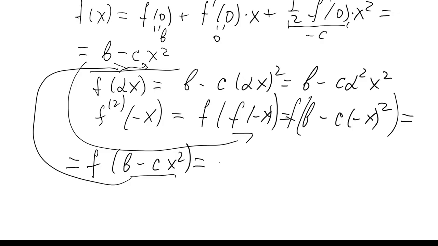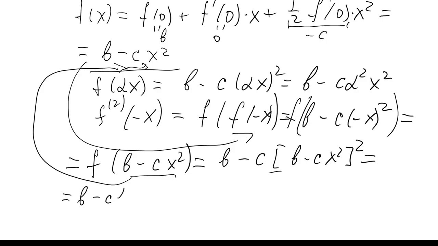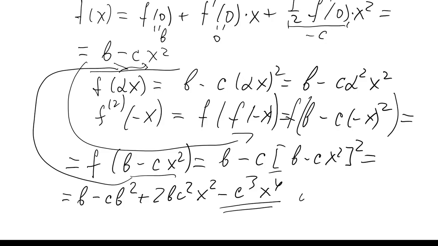It will be b minus c times b minus c x squared, which after opening this bracket, we will have b minus c b squared plus 2 b c squared x squared minus c cubed x to the power of 4. And this can be ignored, this is a fourth order term.